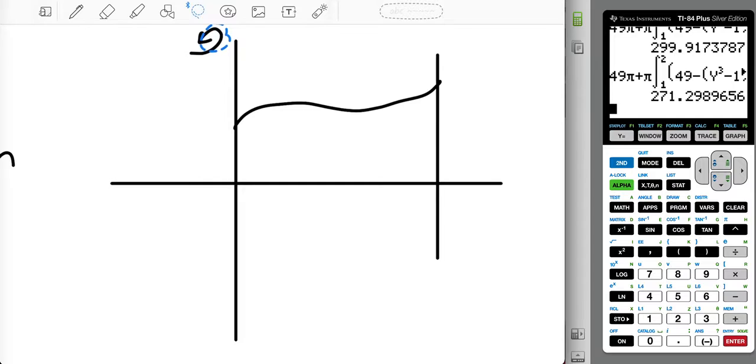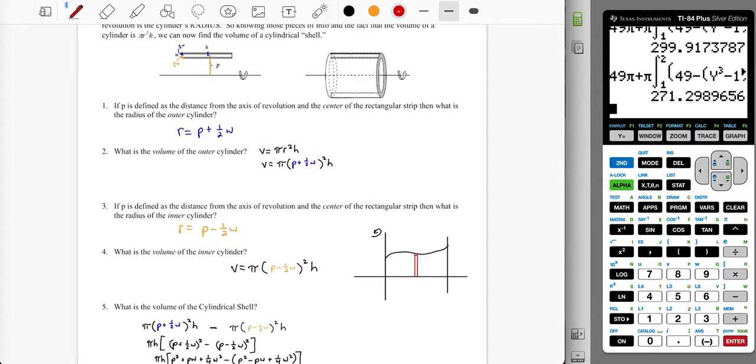Let me make that adjustment real quick. I'd have a rectangle that's parallel to the axis of revolution, and that's going to get spun around just like you saw up here.